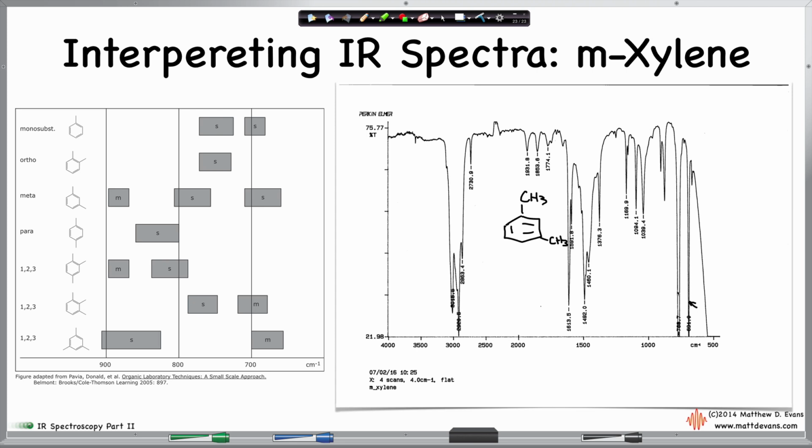So 1, 2, and then I'm assuming this is the other absorption we're looking for, which is, oh boy, I think it's this one right here. Okay, so that's a medium absorption. These are strong absorptions, so that makes sense.